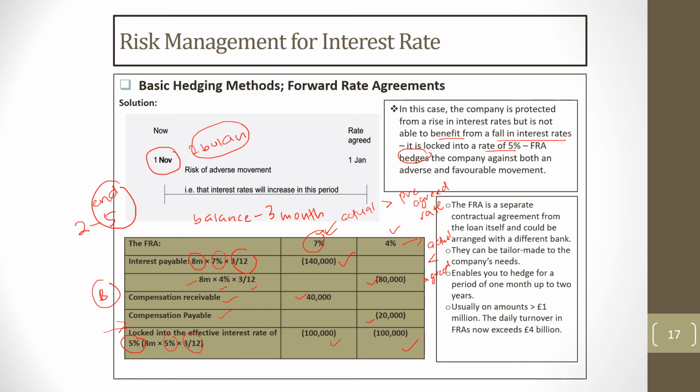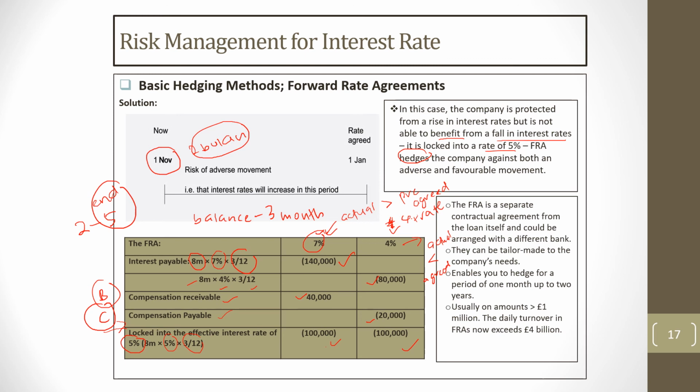So the agreed rate is 4 point something, I don't remember. So you look back in the question, and the actual is 4%. So 4% is the actual rate, the agreed rate is 4 point something. So it shows that the rate has decreased. So when it decreases, the one who has to pay the difference is the company. So the company needs to pay the bank the difference.